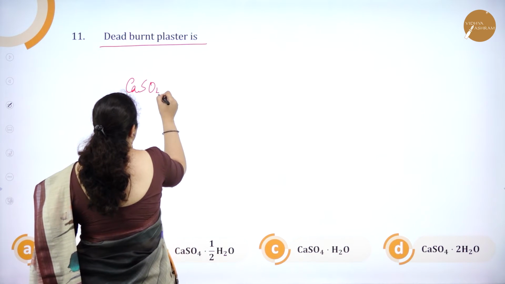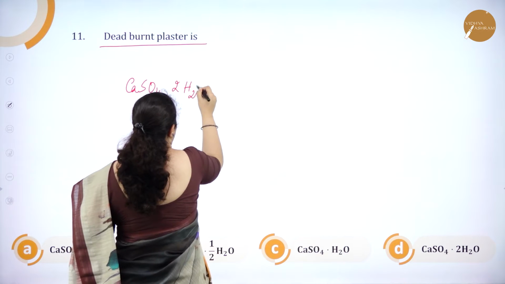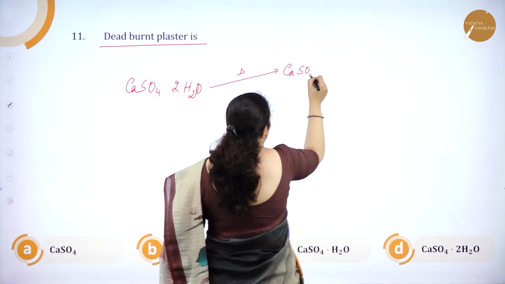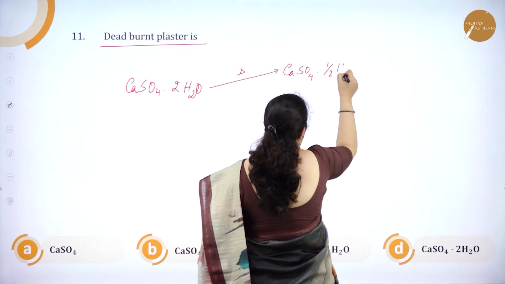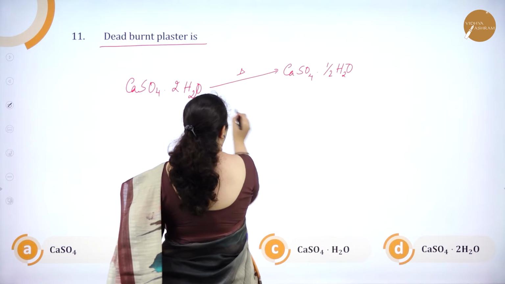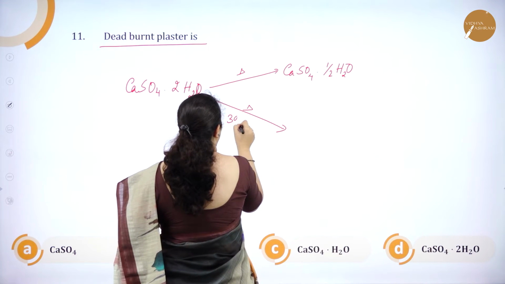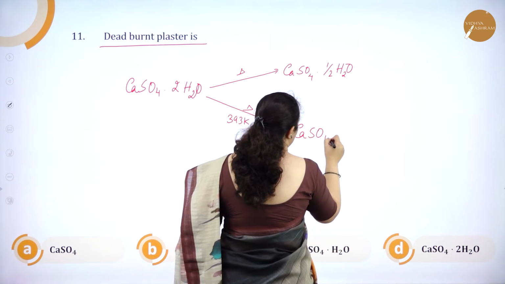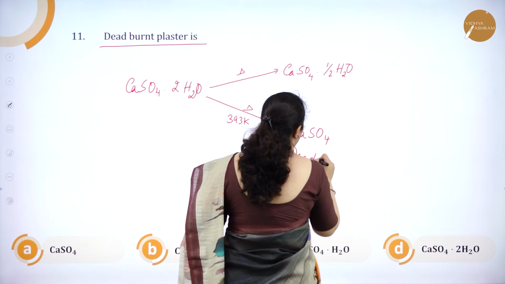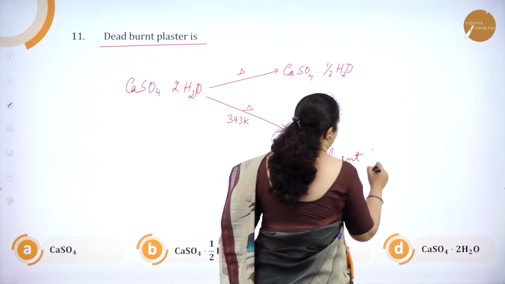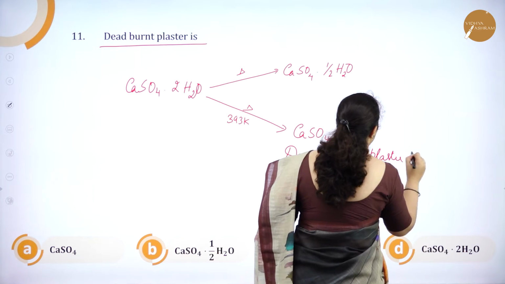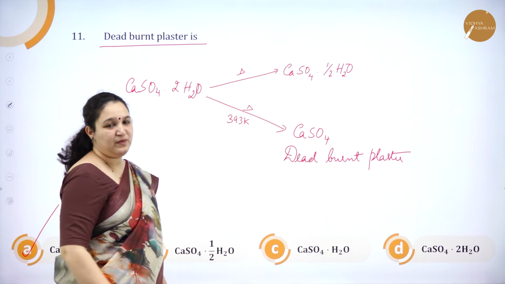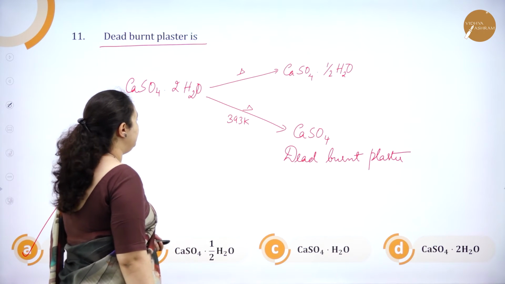So if gypsum is heated, it can form plaster of Paris, that is CaSO4 dot half H2O. When it is heated above 393 Kelvin, only then all the water molecules are lost and we call it dead burnt plaster. So what is dead burnt plaster? It is CaSO4. Okay. So that is about question number 11.